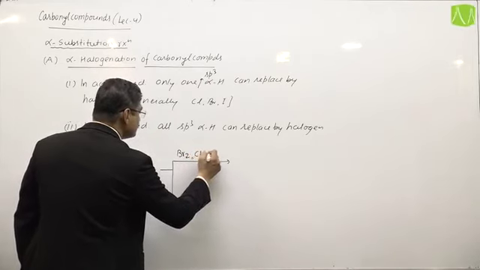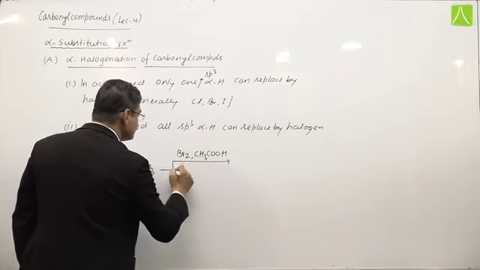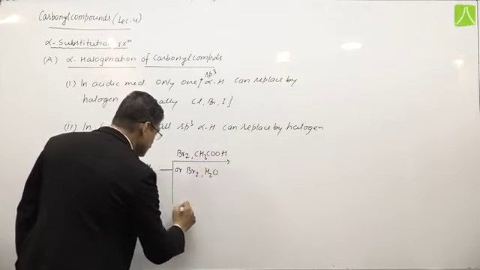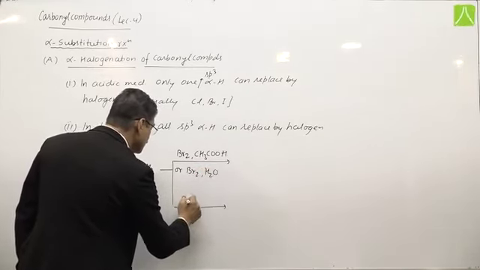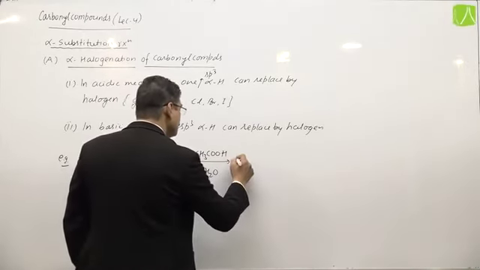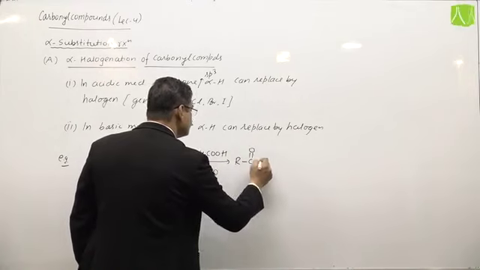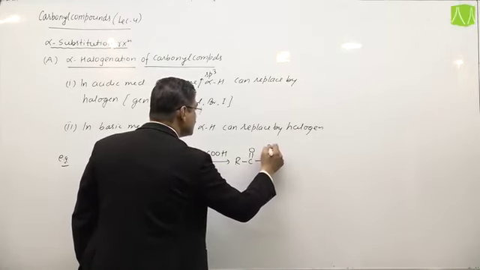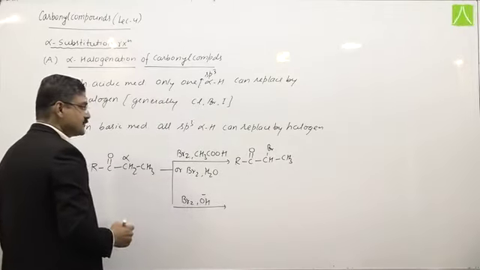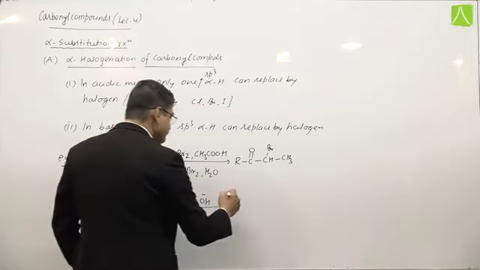Br2 in acetic acid, which is the acidic medium, or bromine water is taken, or you can write Br2 OH minus. So RCO CHBr CH3, only one hydrogen is substituted in acidic medium.